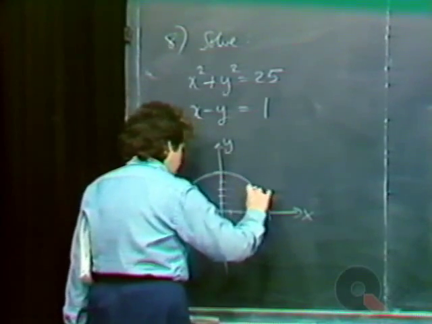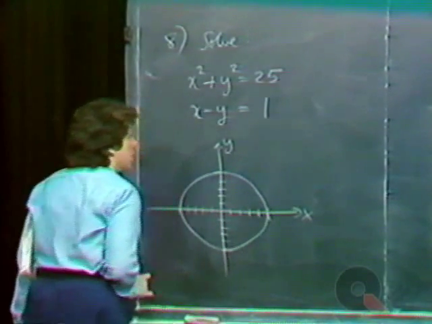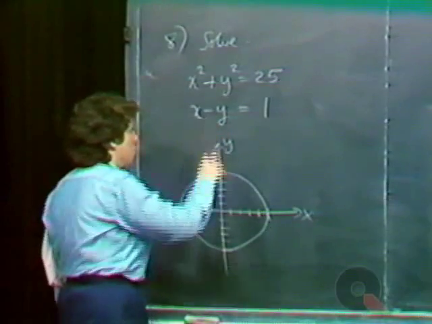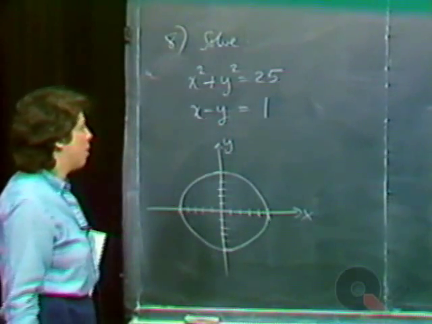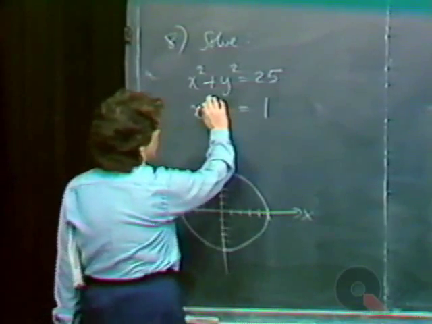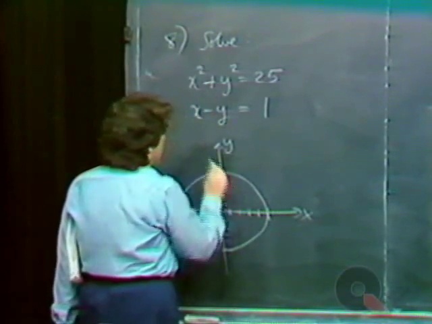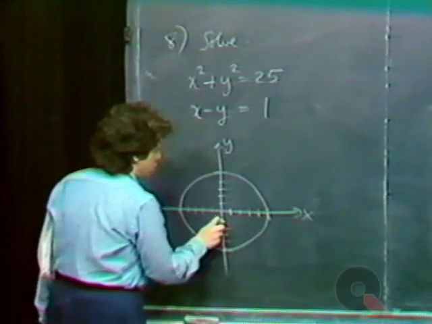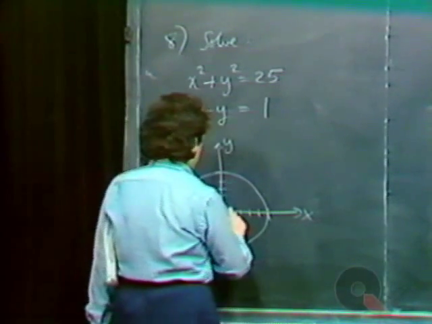It's supposed to be, anyway, a circle. The other one, since x and y are both to the first power only, is going to be the equation of a straight line. If y is 0, x is 1. If x is 0, y is minus 1. And it looks something like this.